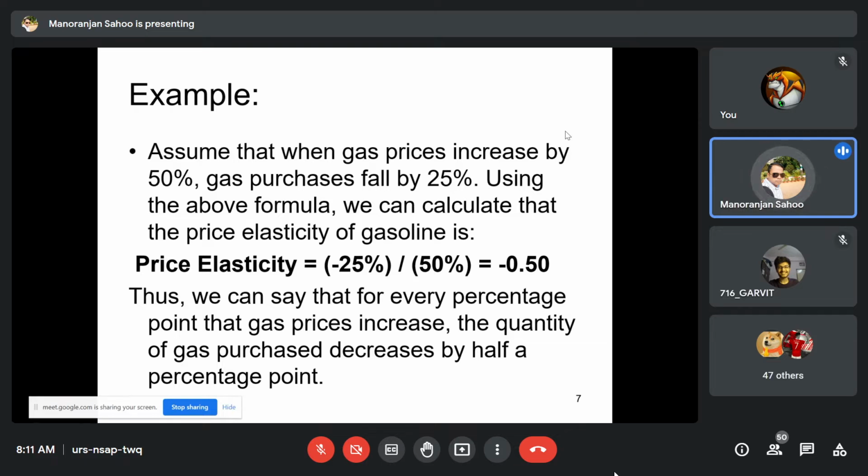Then how much will be the price elasticity? Here, percentage change in the quantity demanded is 25%. As the demand is reduced, it will be minus 25%, and percentage change in the price will be 50%. So the elasticity of demand will be minus 0.5.